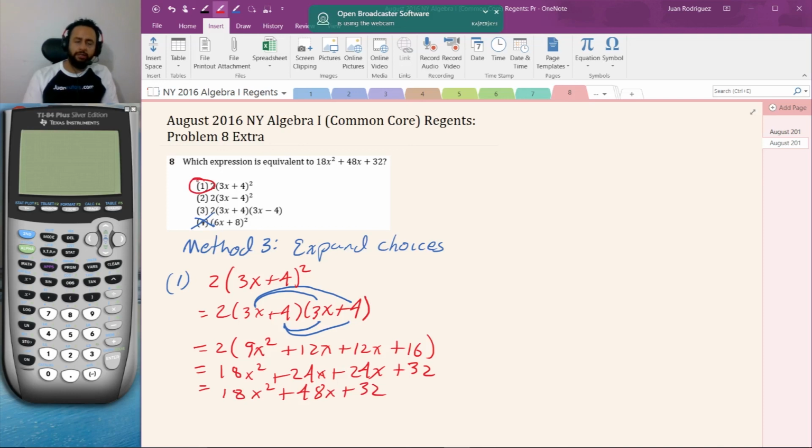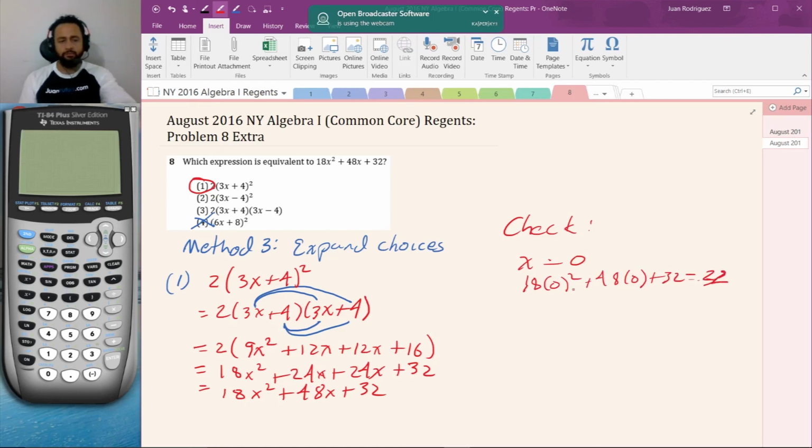So that's our answer. We could check by plugging in some values. Let x equal 0. Plug in: 18 times 0 squared plus 48 times 0 plus 32 equals 32.